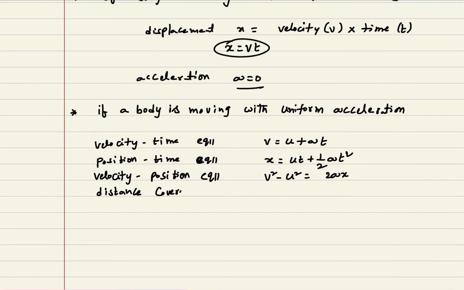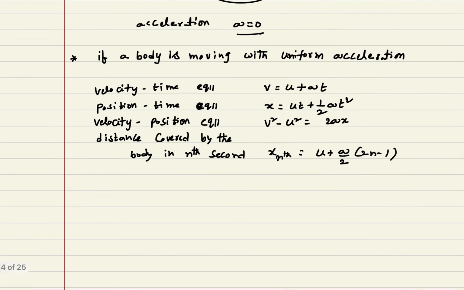Now distance covered by the body in the nth second can be written as x nth is equal to u plus a by 2 into 2n minus 1.